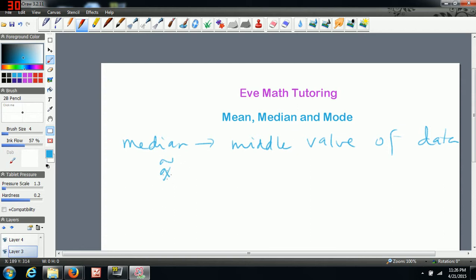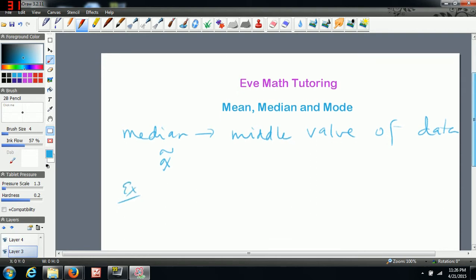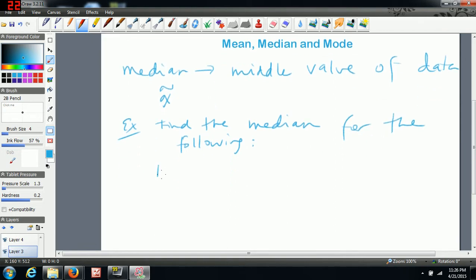That's the symbol that's used for median. So an example could be, find the median for the following. Okay, so you could be asked the following. You're given the following numbers. You're asked to find the median.